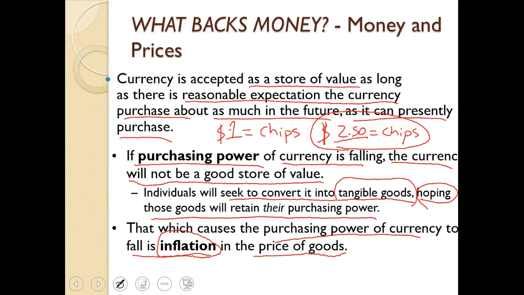The price of those goods are now inflated. They have started going up. They've grown larger. That's causing the purchasing power of a dollar bill to actually go down. A dollar bill no longer buys as much. And this is what we consider inflation. You hear about inflation all of the time in the news.